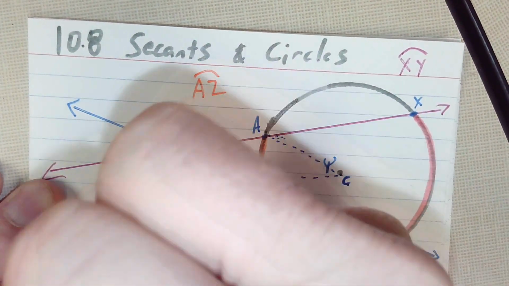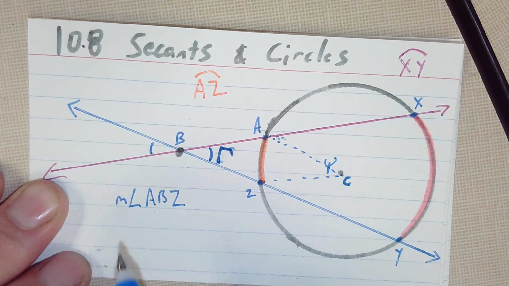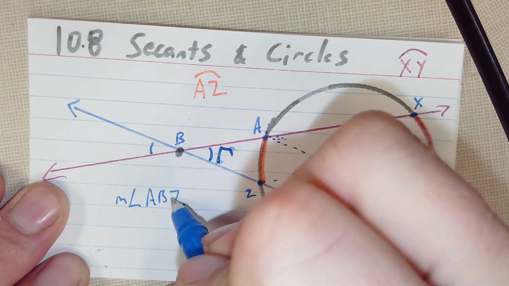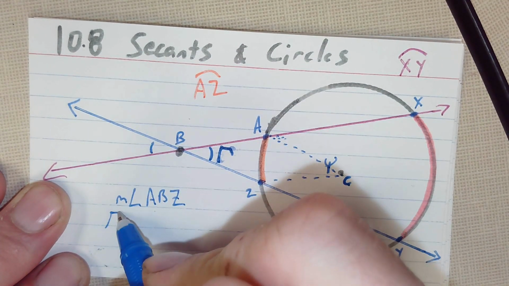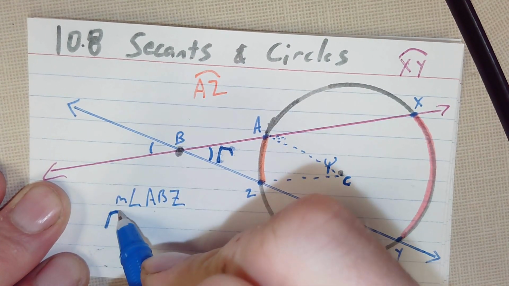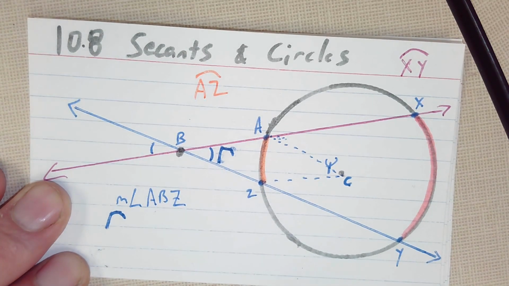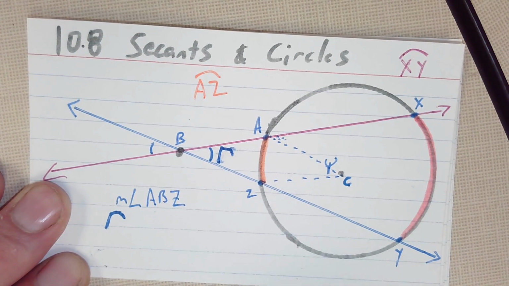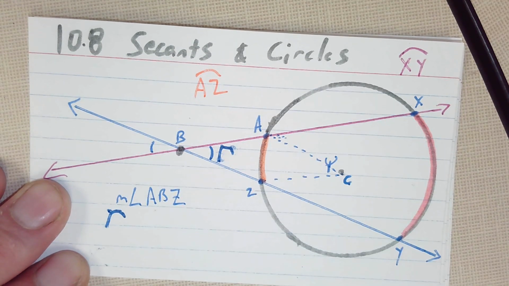So uppercase gamma, also known as the measure of angle ABZ, uppercase gamma is going to be equal, looks like a big R, uppercase gamma equals, make it look even more sinister.